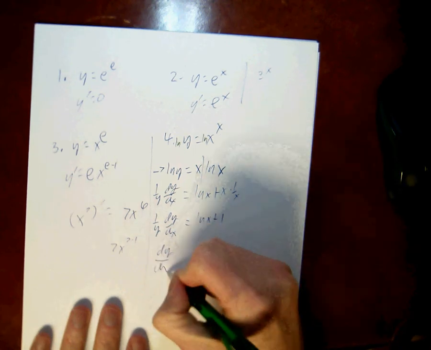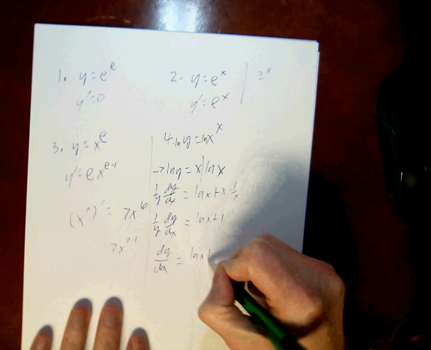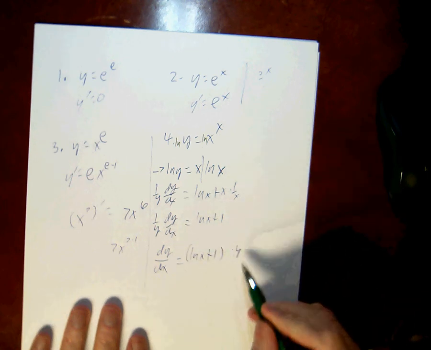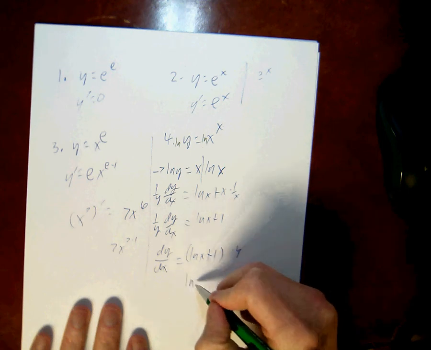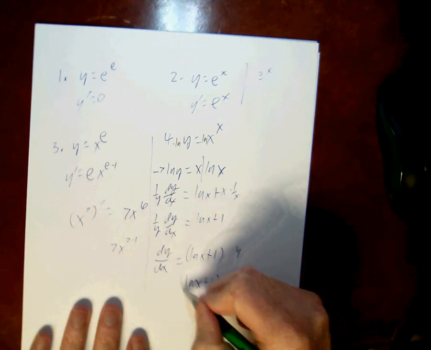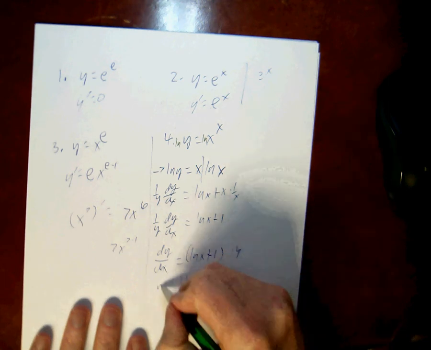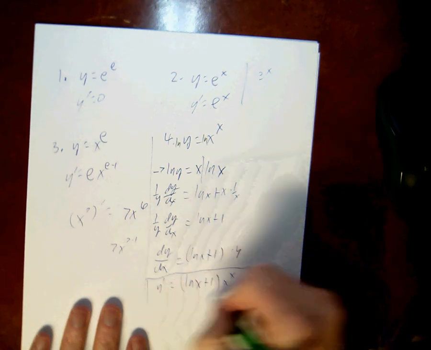And dy dx is equal to natural log of x plus 1 times y, but we don't want y in our final answer, so we end up with natural log of x plus 1 times whatever y equals, and y was x to the x.